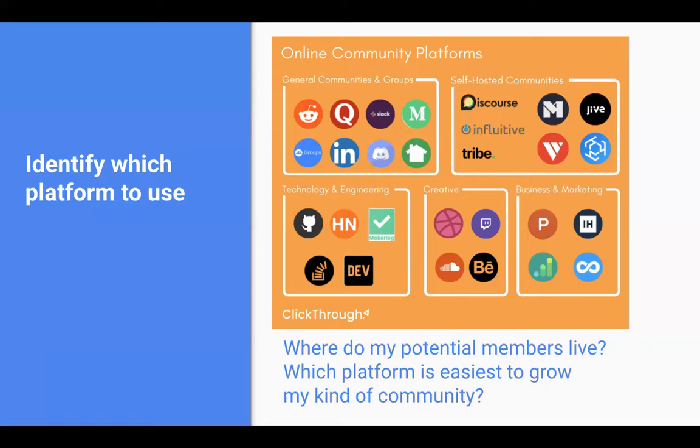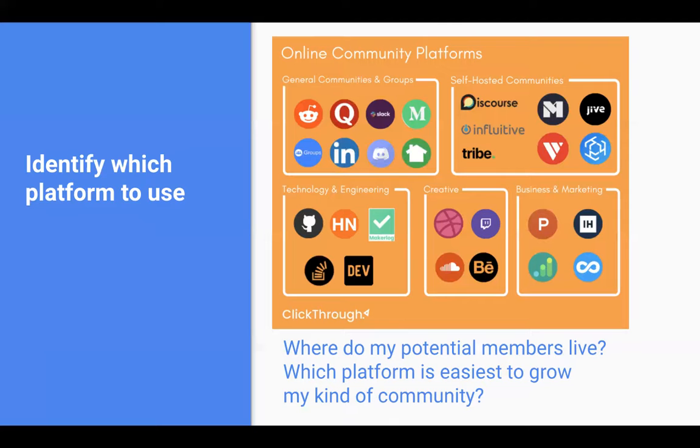For general communities and groups, that's mostly where people like Ivy and I are considering growing our group. It's just more user friendly. And for creative, you see Twitch is there, SoundCloud. So I guess it depends on your industry and what you want from your community itself.